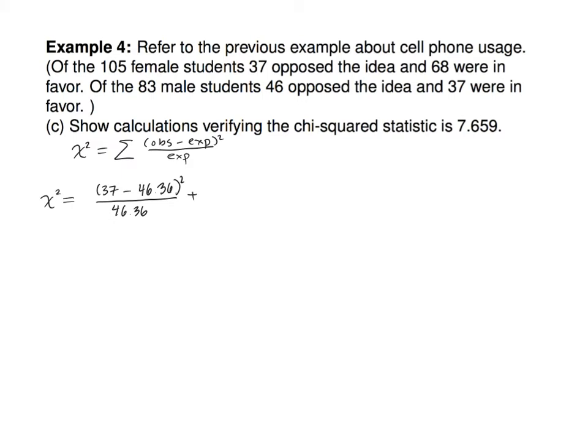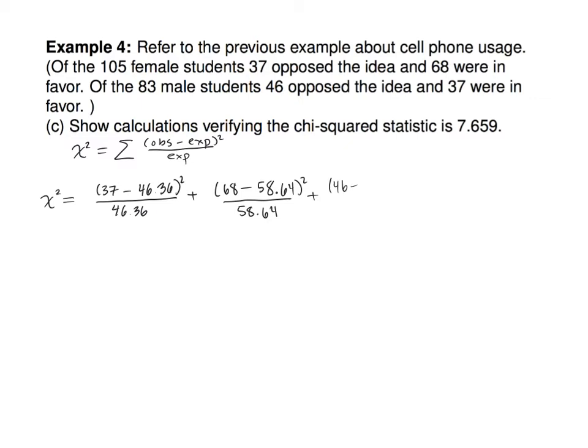Next, moving over, female in favor, there were 68 that we observed. We expected 58.64, squared, divided by 58.64. Now down to the male row. Male oppose, we observed 46.